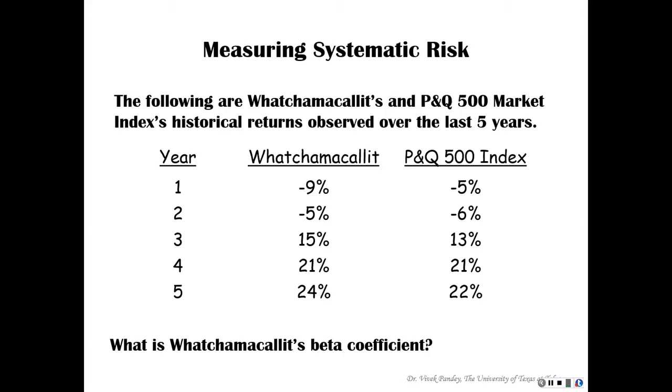So here are the returns over the last 5 years for whatchamacallit stock and the S&P 500 market index, right? A market index like the S&P 500 is basically a portfolio of 500 stocks. We saw last time that even with a 40 stock portfolio, you get a pretty well diversified portfolio.